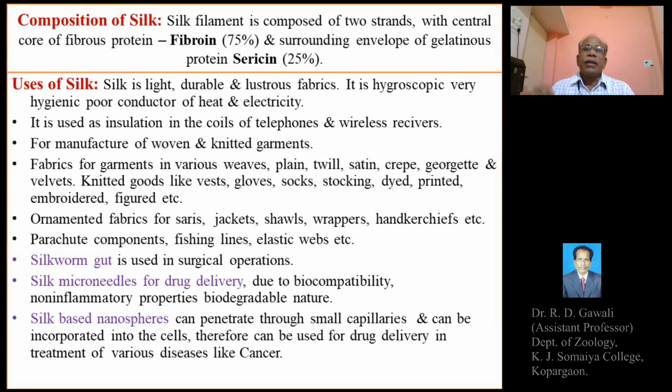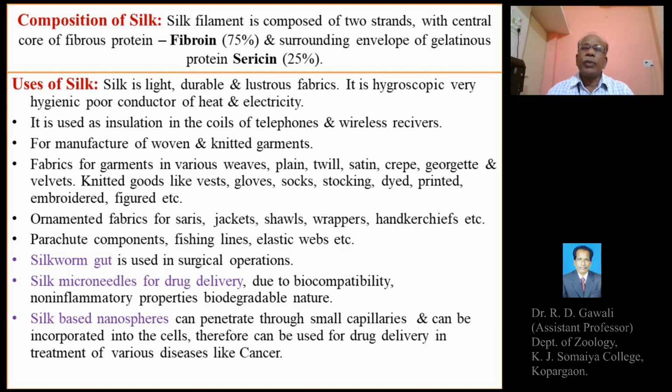That is, silk is very light, durable, having the strong or stout durable fibrous proteins present in the silk thread, and thus it is a durable and lustrous fabric, since it has a gloss characteristic or a shining glistening appearance, and thus forms a lustrous fabric.